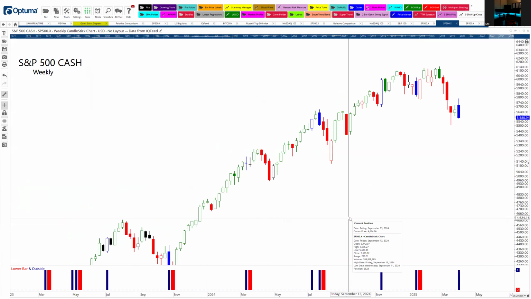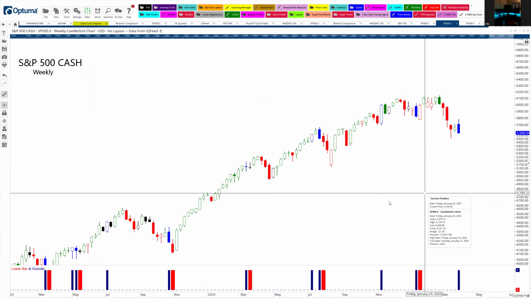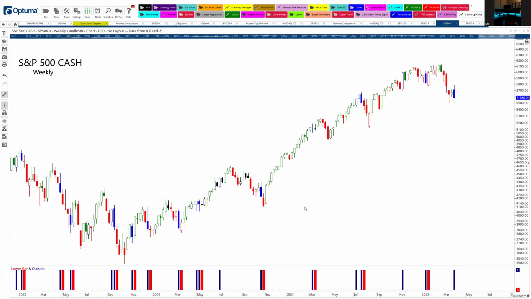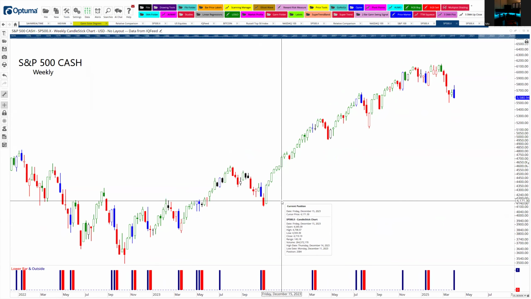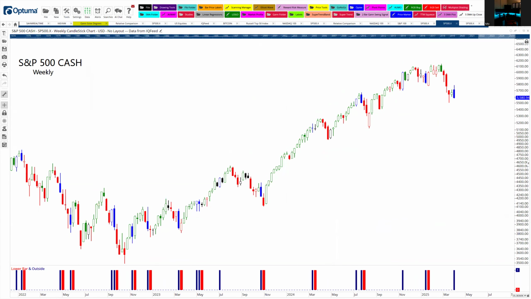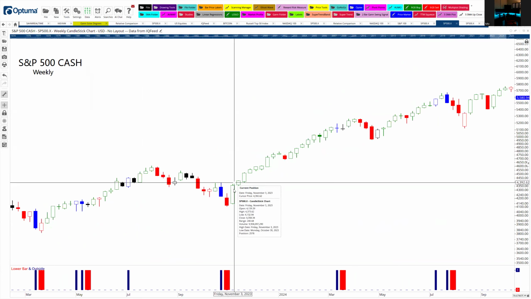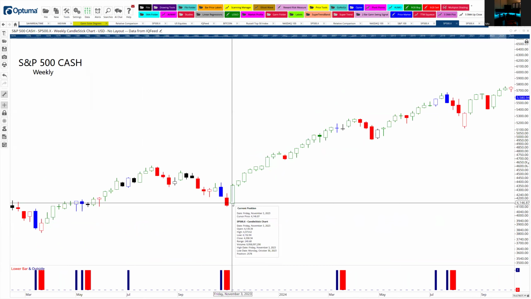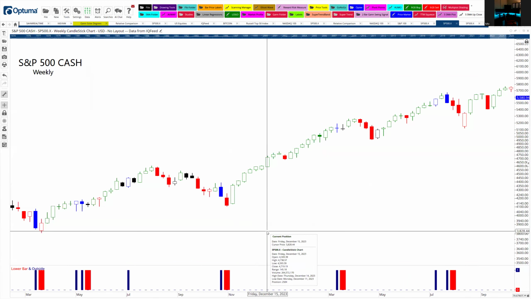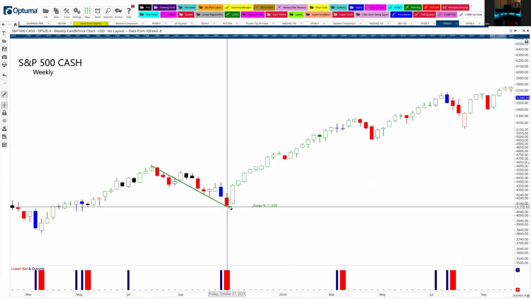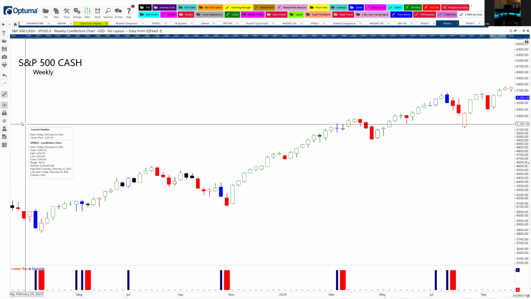So anything can happen because these are crazy reversals. If you look at them, look at the size of this bar. It's huge. I mean, how much is this decline? 11%, close to it.